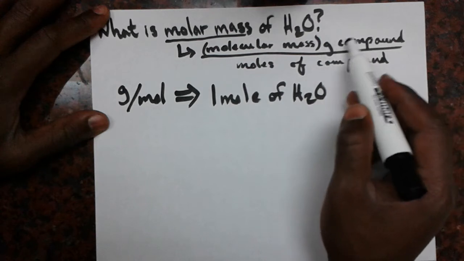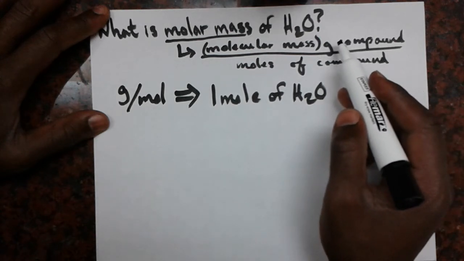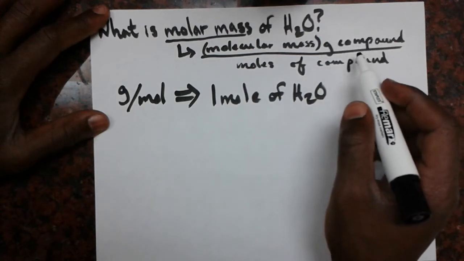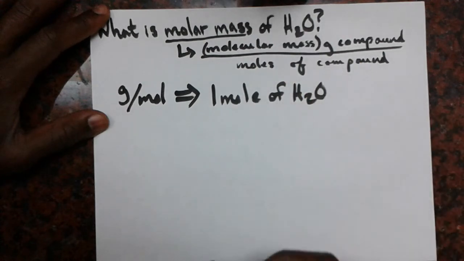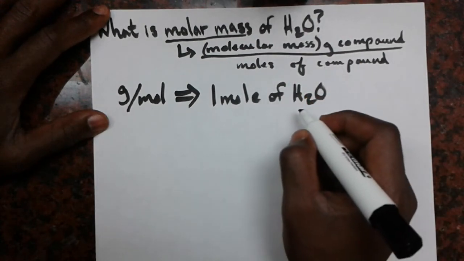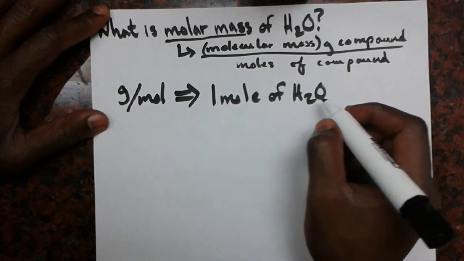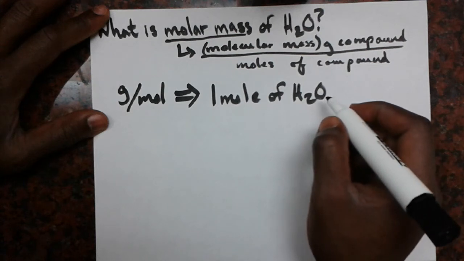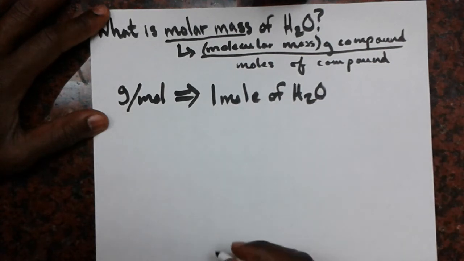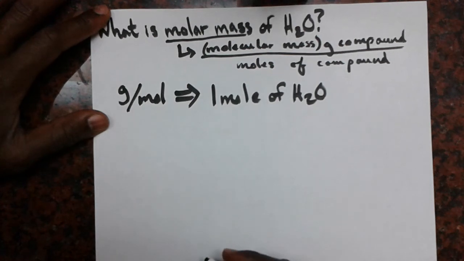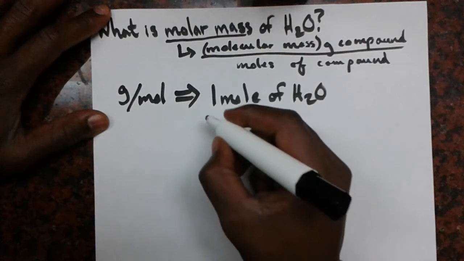So if we can calculate the top, if we can identify the molecular mass of water, then we can determine the molar mass of water. So what's the molecular mass of water if you have 1 mole? To solve for this, you need to determine the sum of the atomic masses.